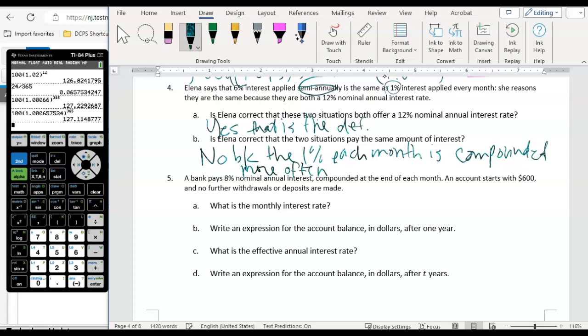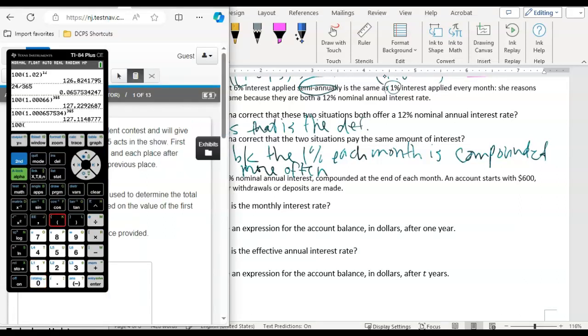All right. And then if you want to prove that, right, let me just show you as an example. Let's say we have $100 and we invest it twice a year at 6% each, right? So 2 times a year. And let's say we have $100 and we invest it at 1% for each month, so 12 times, right?